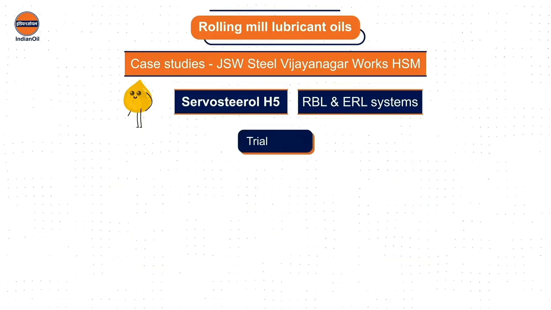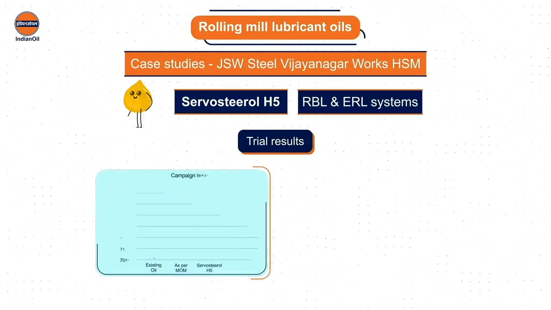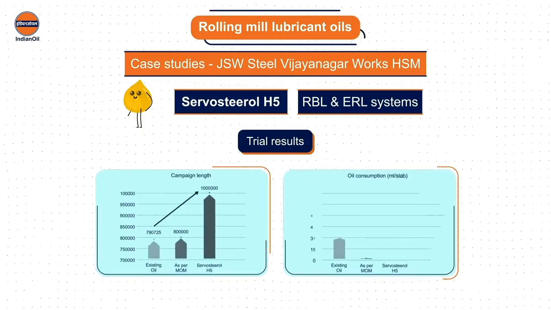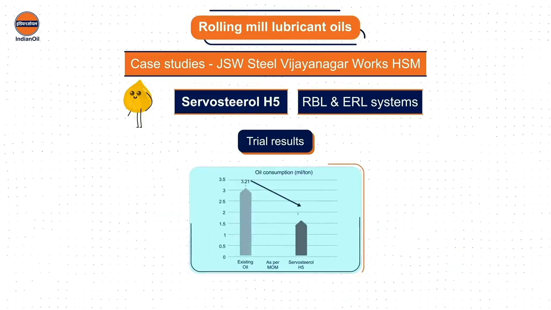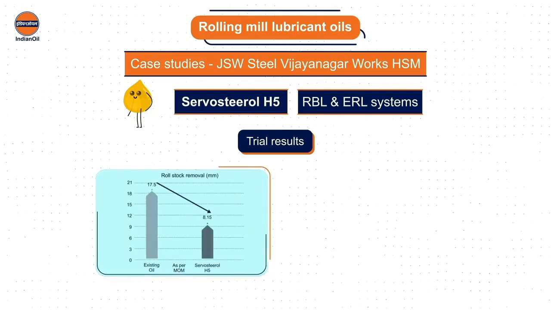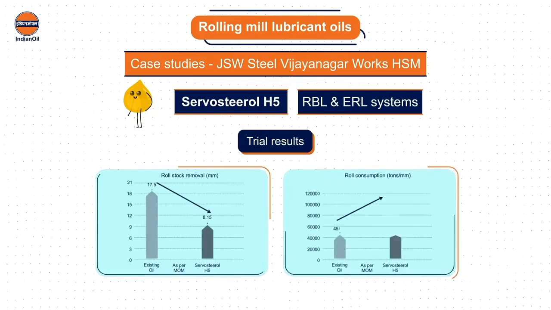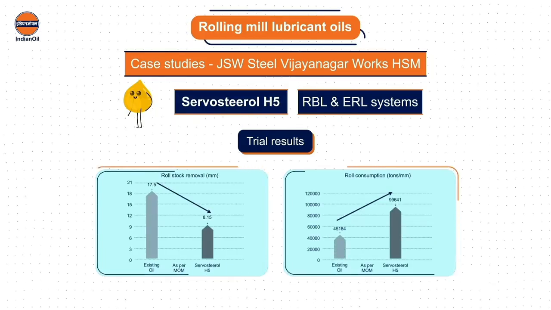After the trial, these are the results observed on campaign length, oil consumption per slab, oil consumption per ton, roll stock removal, and roll consumption parameters in comparison with the existing oil.